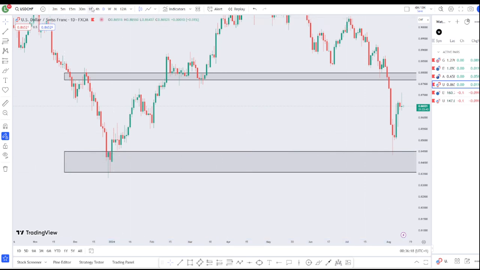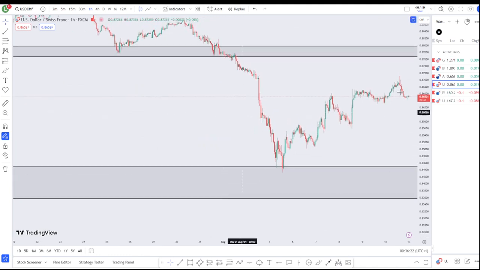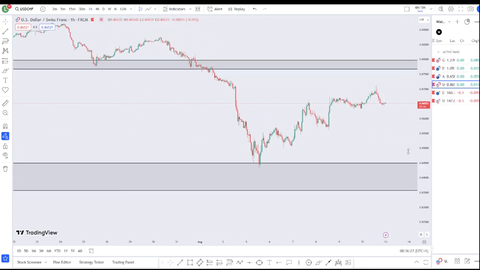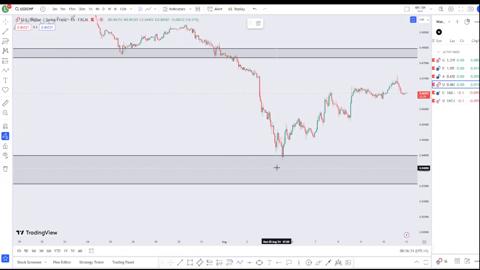Then I scaled down to my 1 hour time frame. On my 1 hour time frame, I also paid close attention to the price action formation, since my intention was to buy on USDCHF.